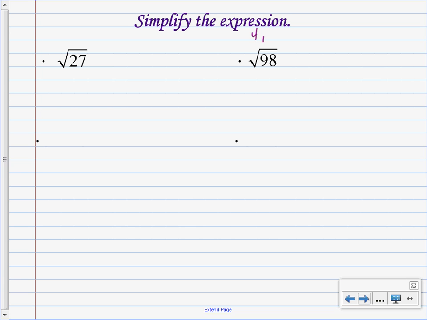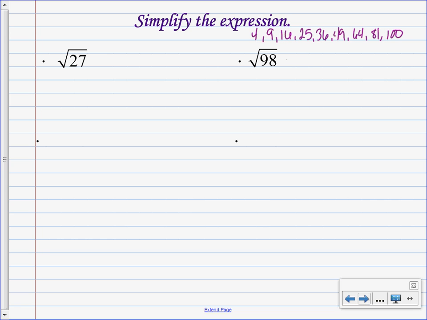So we have 4, 9, 16, 25, 36, 49, 64, 81. That's all we need for now. How about 49? 49 does go into 98 2 times.